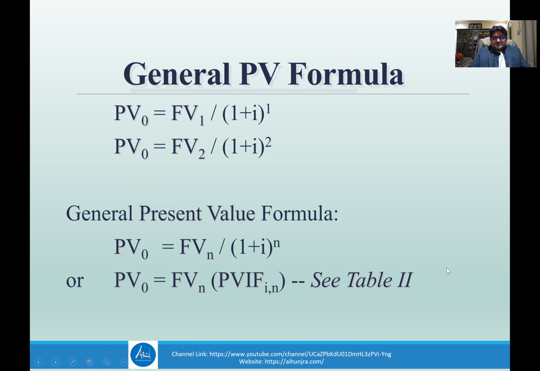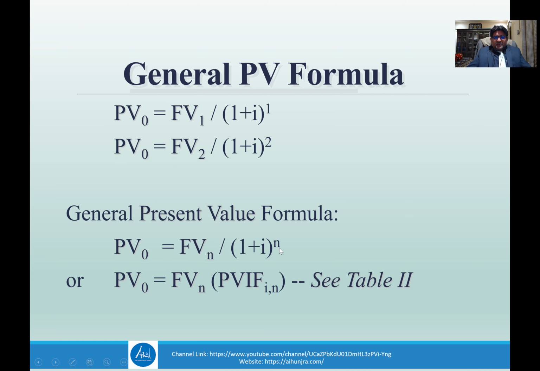So the general formula of present value is future value 1 divided by 1 plus i raised to the power 1 for 1 year, 1 plus i raised to the power 2 for 2 years. For n years, it will be future value n times 1 divided by 1 plus i raised to the power n. The same formula can be used.